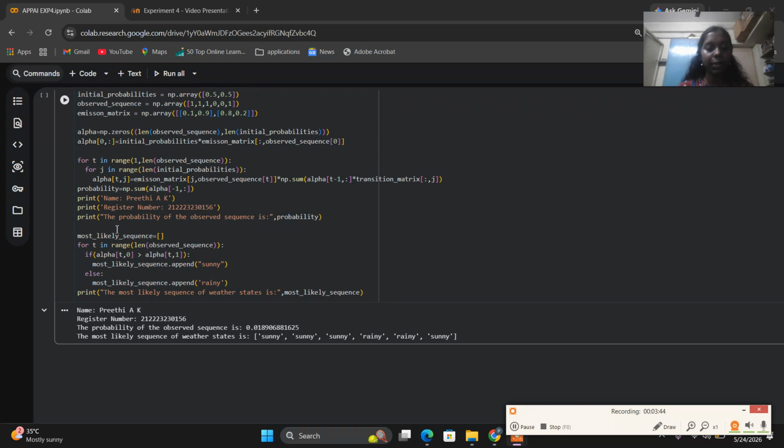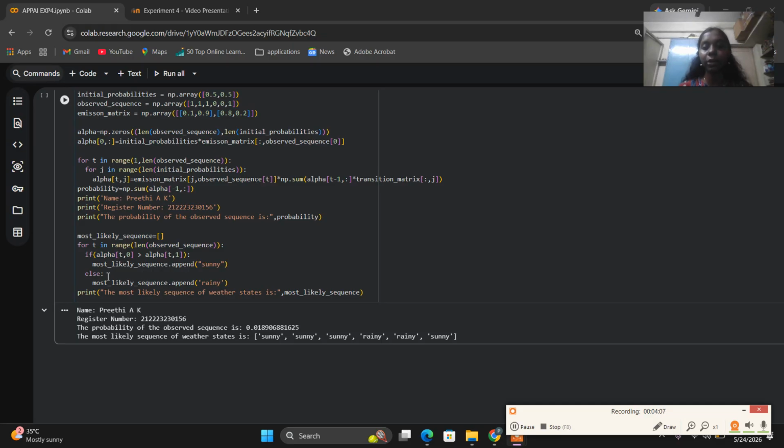And next we have the most likely sequence. We are computing the most likely sequence based on the probability that we have calculated above. For each of the observations, if the probability for sunny is greater than rainy, then the most likely state will be sunny.